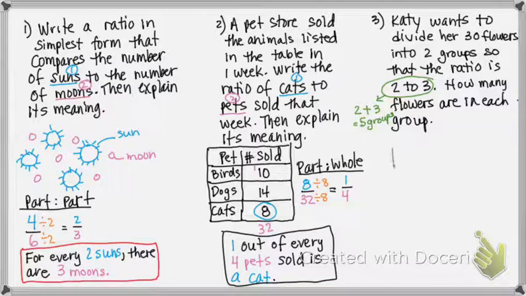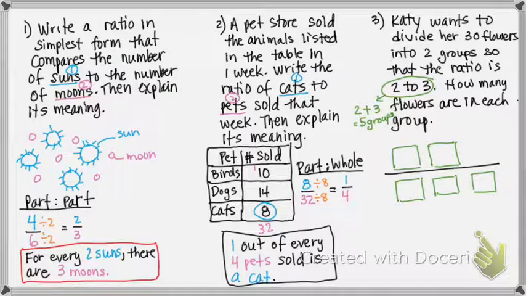So I'm going to draw a box of groups. That's your 2 versus your 3. It's kind of like we're comparing 2 to 3. I had 30 flowers, and I'm going to split it into a total of 5 groups. 2 plus 3 is 5. And I get 6.